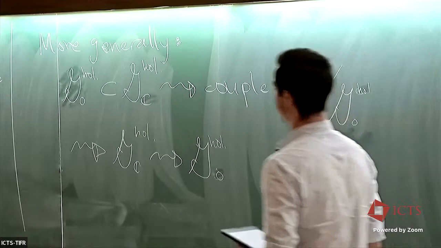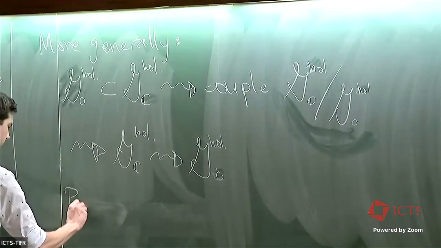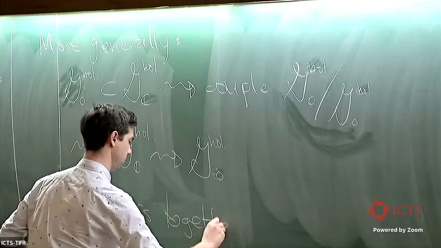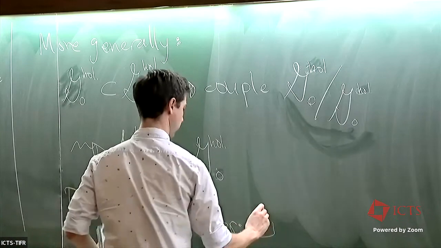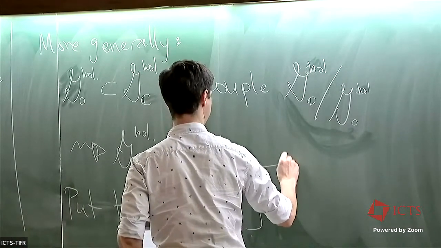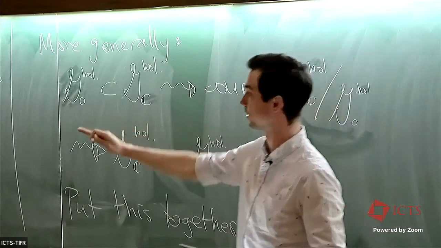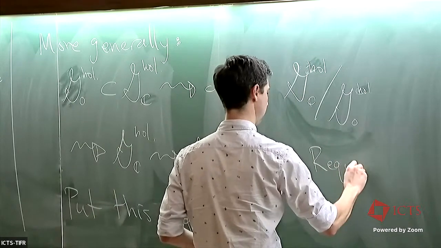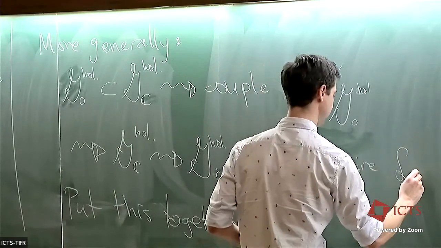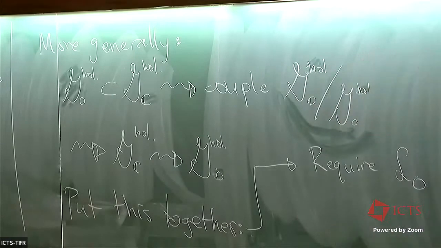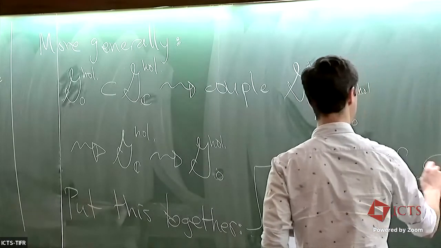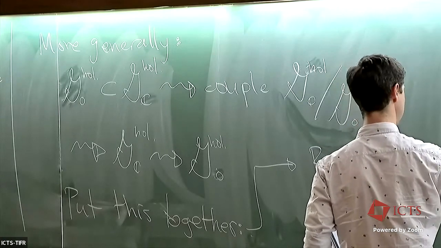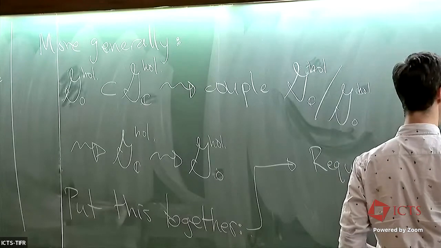And of course, we can put this together. We can imagine having our matter fields lie in some Lagrangian, I'll call L0, inside our original space of maps, our space of holomorphic maps.